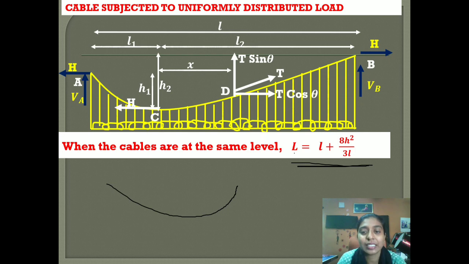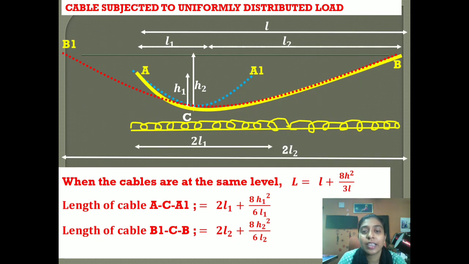For that we will give some construction line. From A to C, we will extend this C to A1 so that A and A1 will be at the same level. Then the length of ACA1, we will find.